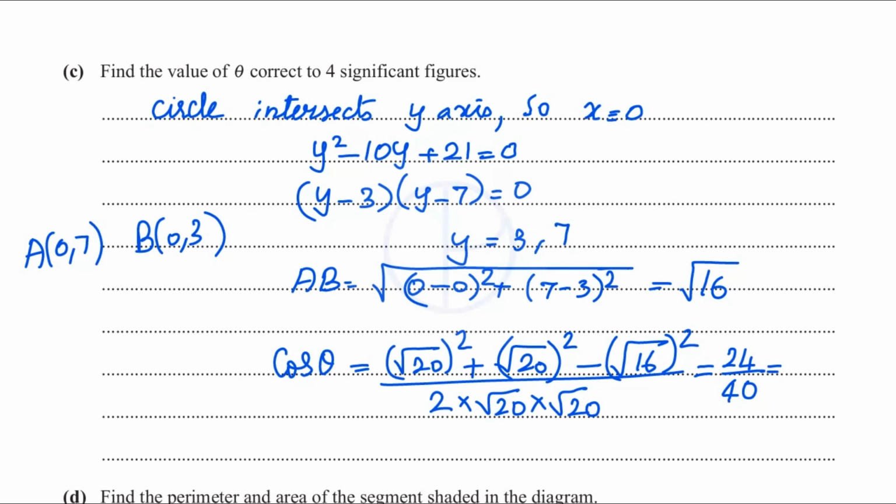Divide the numerator and denominator by 8. So we get 3 over 5.